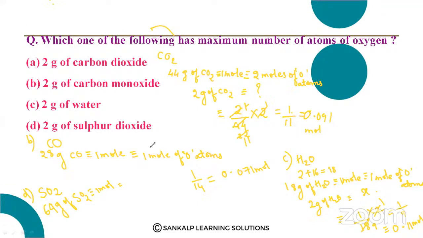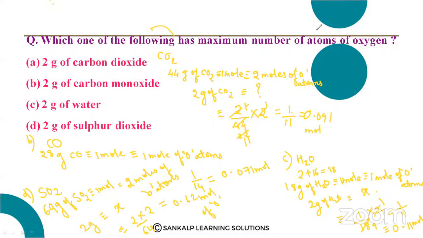So it is 2 moles of oxygen atoms. So in 2 grams, how many do you have? You cross multiply: 2 into 2 divided by 64. This comes to 0.062 mole of oxygen atoms.